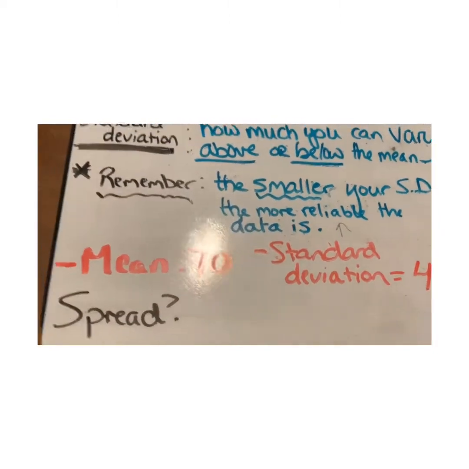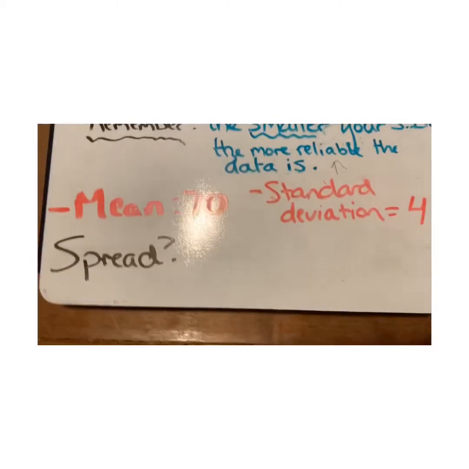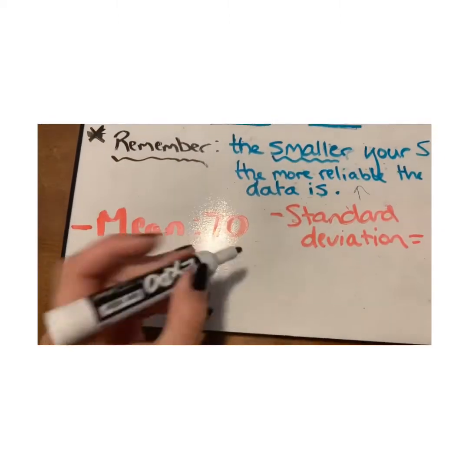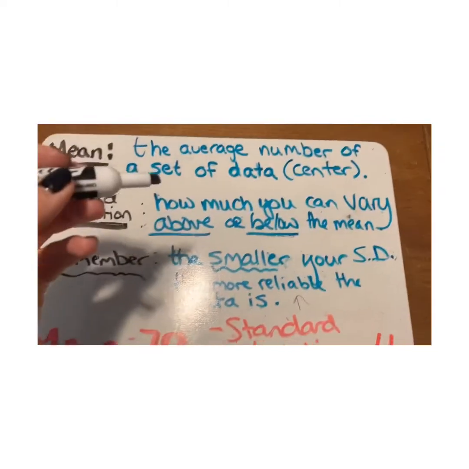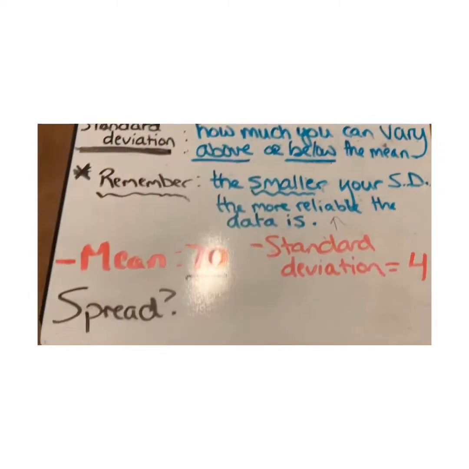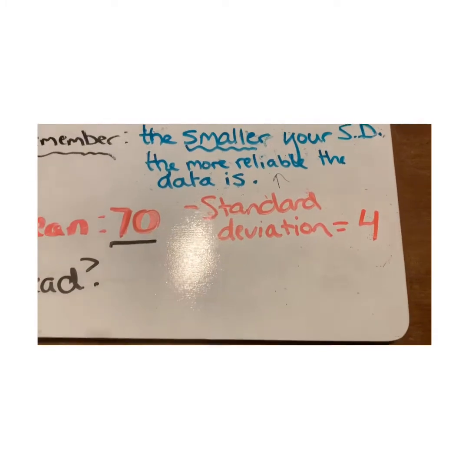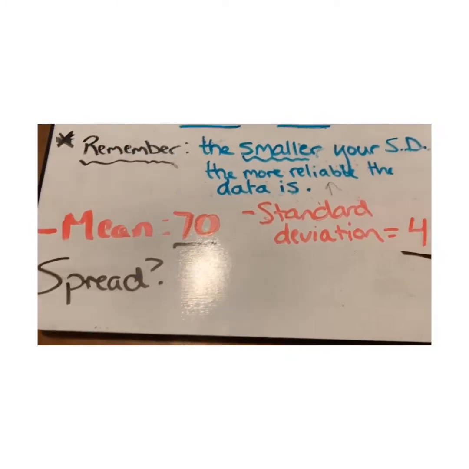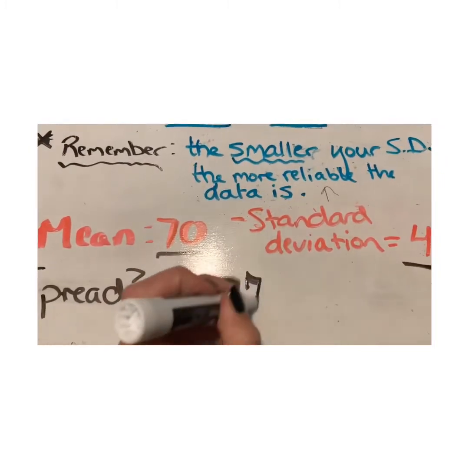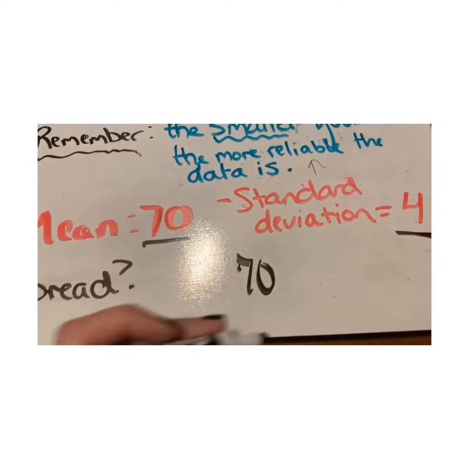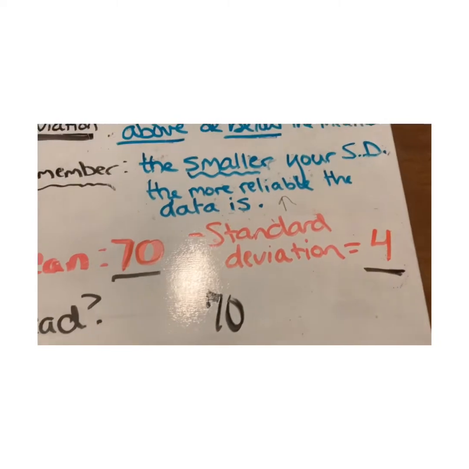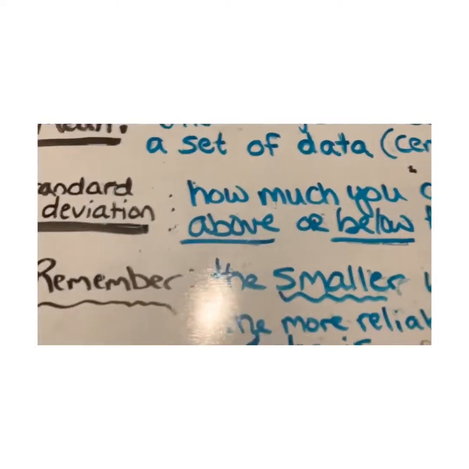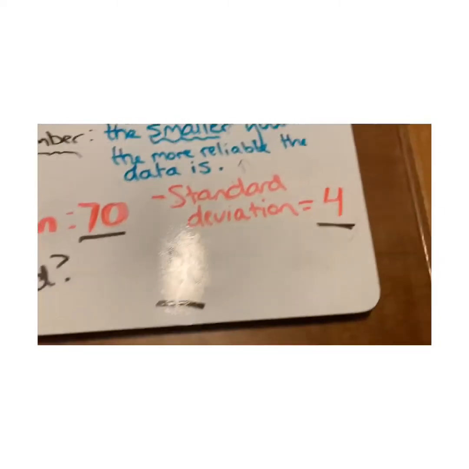Okay, so let's look at our first example. I'm telling you here in red that your mean is 70. Remember, mean is the center, okay, 70, and then your standard deviation is 4. So when I ask you what is your spread, what that looks like is you have 70 as your center number, and standard deviation, remember that can be above or below, is 4.